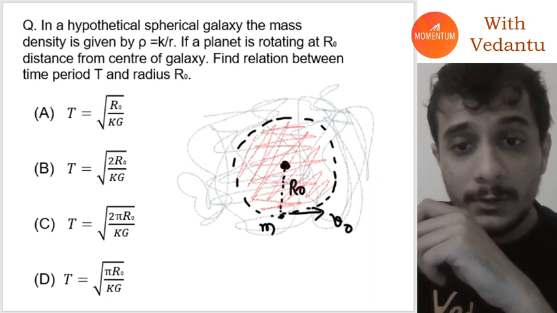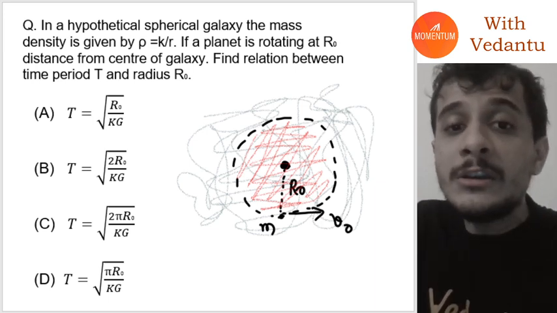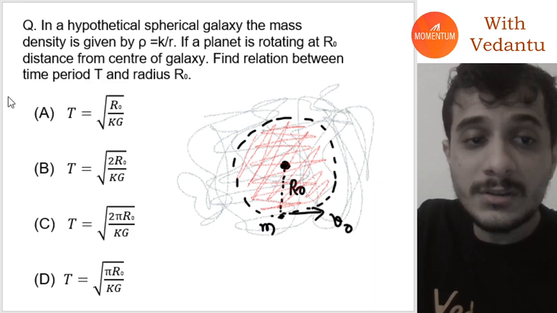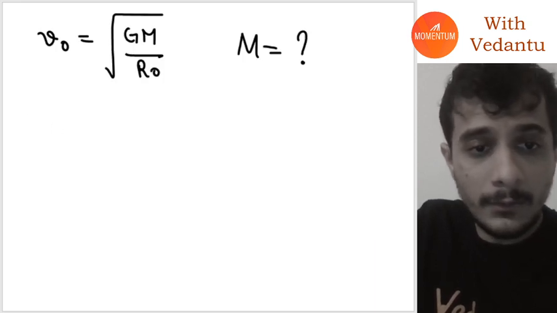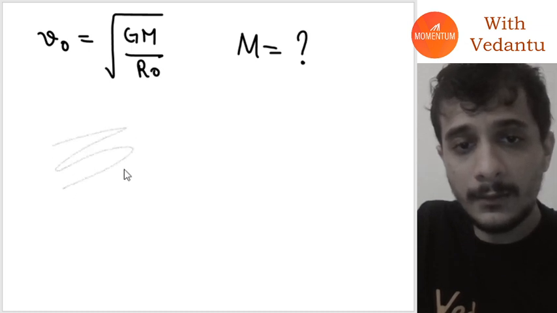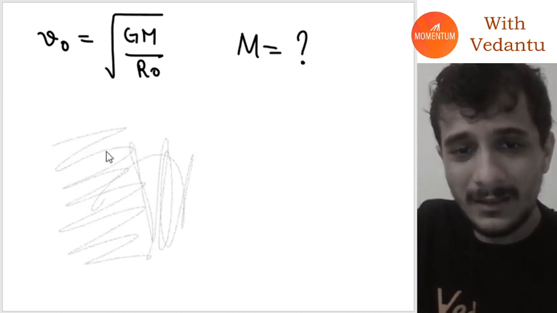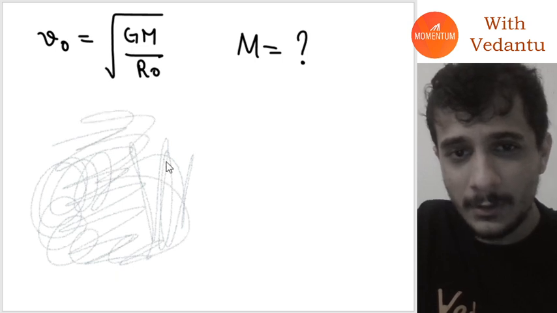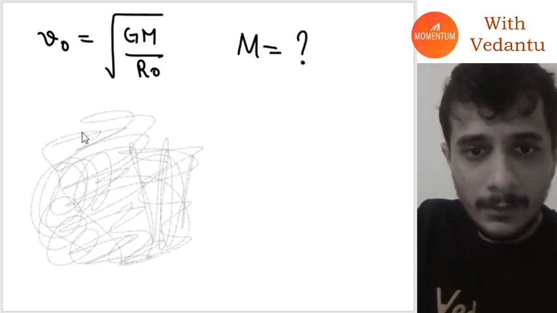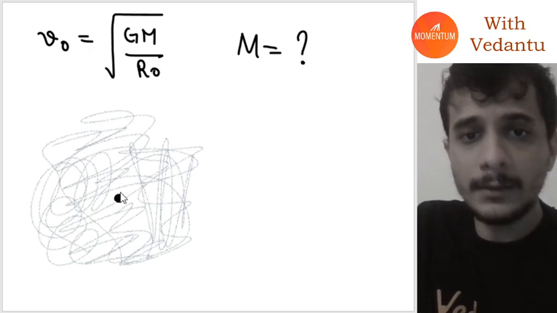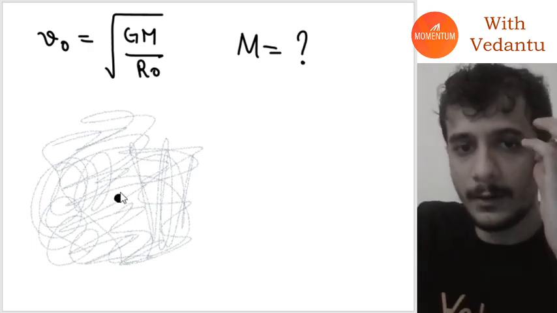In order to calculate mass, you will need to use the density equation which is given to us. Let's say this is the galaxy. Let me make the galaxy one more time. Let's say this is the galaxy and this is the center of the galaxy. I want to calculate the mass within a radius of r naught.